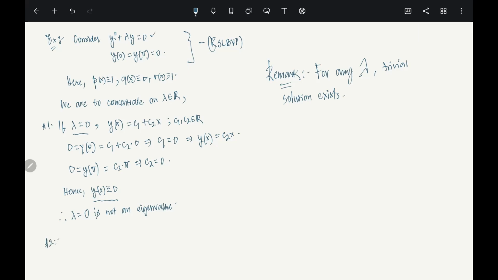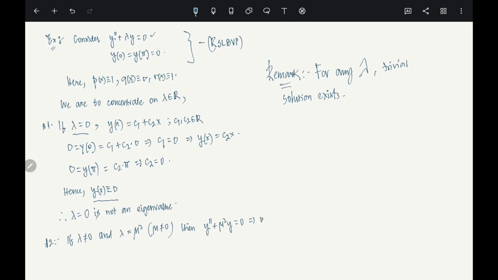Case 2. Let's say lambda is non-zero, and lambda can be positive or negative. So let lambda be mu square, mu not 0. Clear? So it's non-zero basically. In that case, the equation which you have is y double prime plus mu square y equals 0.